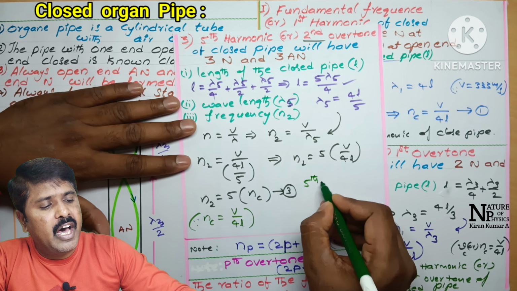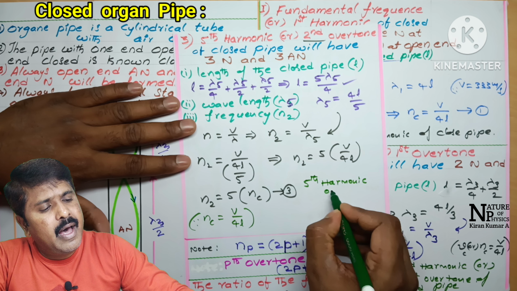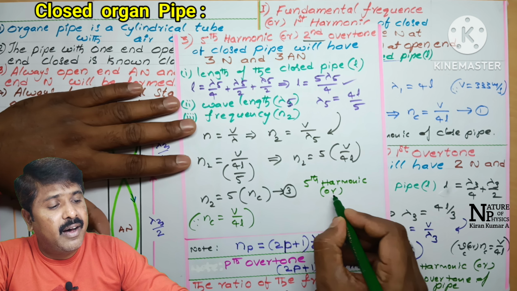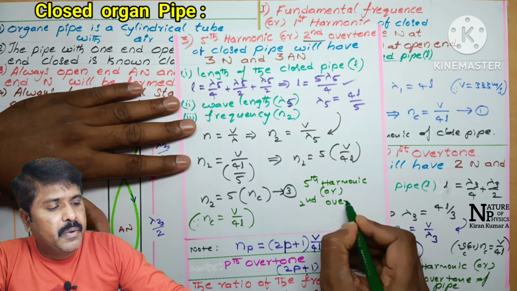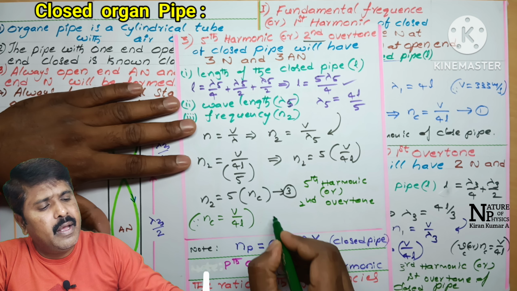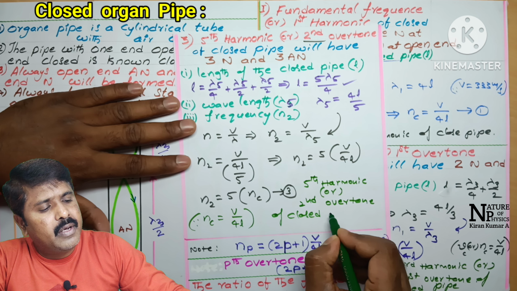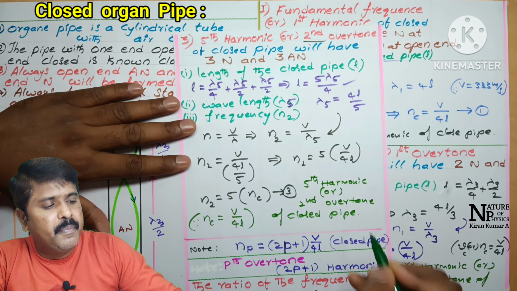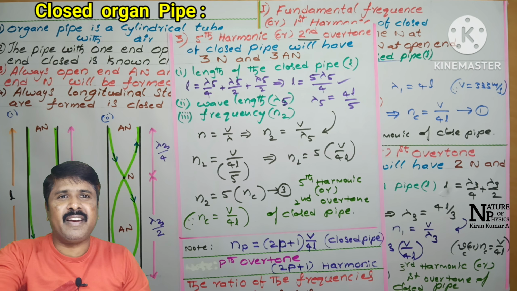Fifth harmonic, or the second overtone of a closed organ pipe. Okay student, this is clear information about the closed organ pipe.